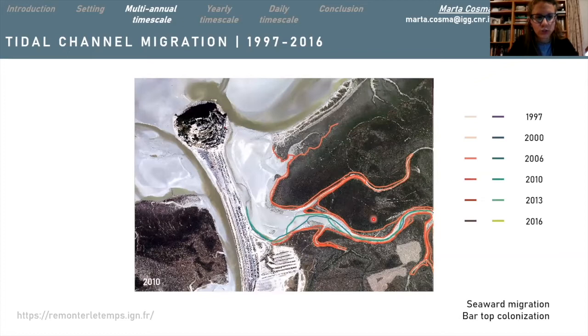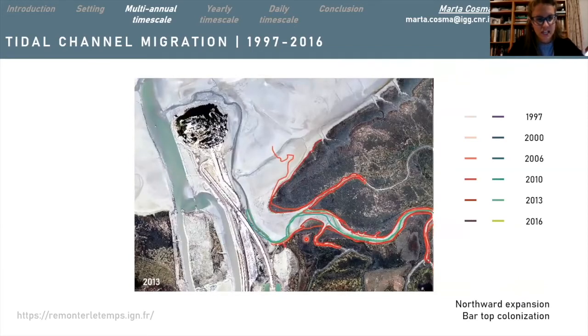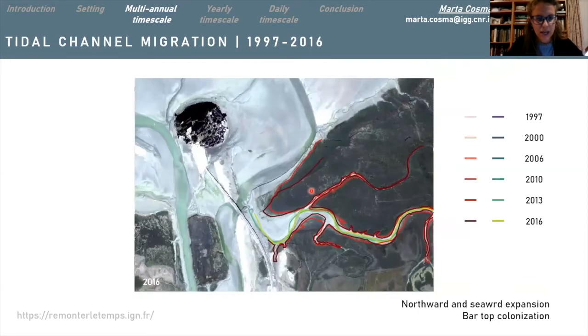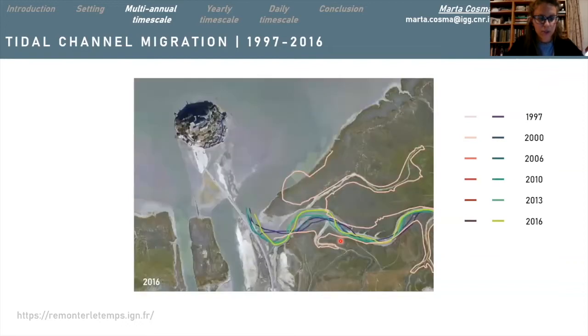These occur until vegetation starts to develop on the bar top in 2010. After this, there is generally a northward expansion of the channel, and a further development of the salt marshes toward the north.